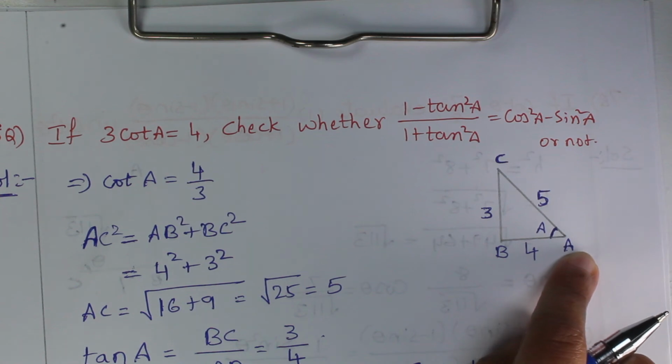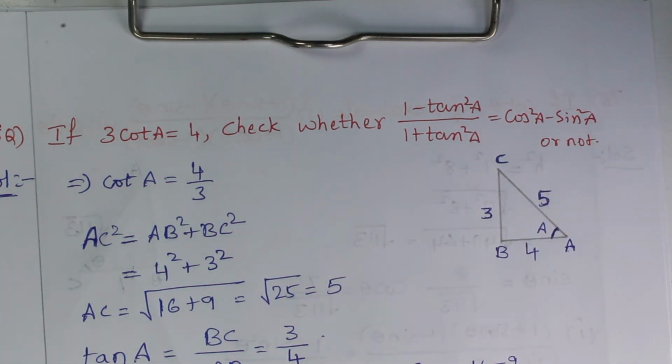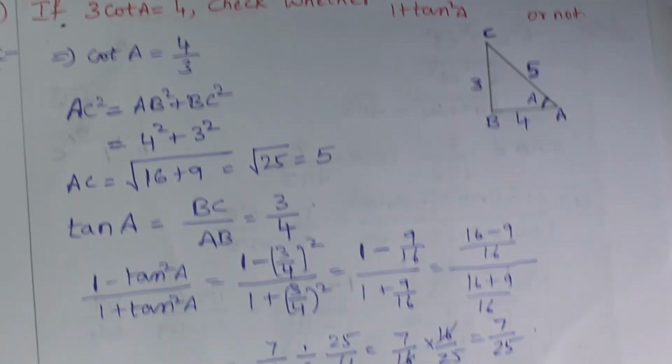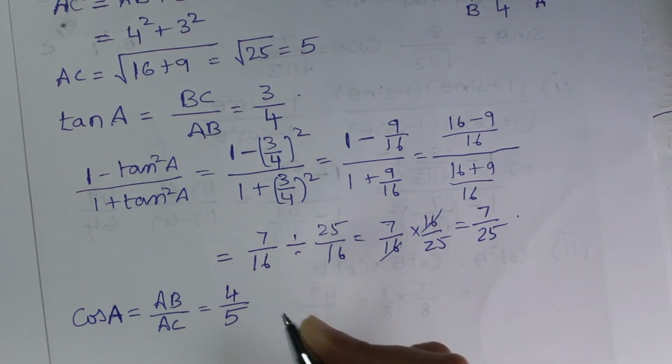Adjacent side to angle A is AB, divided by hypotenuse AC. AB is 4, AC is 5. So cos A is 4 by 5.